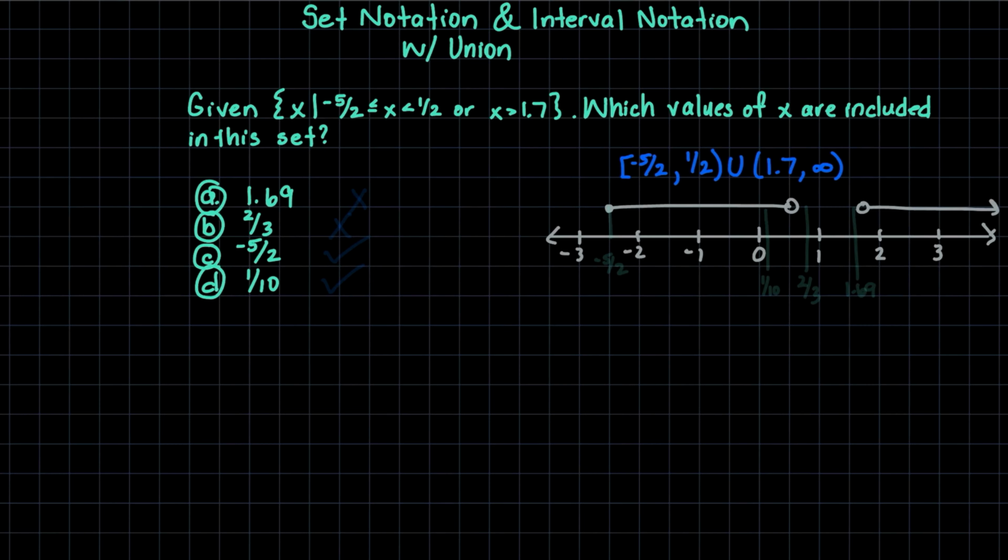Okay, 1.69 is gonna be right on the left of that 1.7, not included. 2/3 is 0.6666. So that's going to fall about here. 2/3, not included in our set. -5/2 is our endpoint, and it falls here, which we know is included in our set.